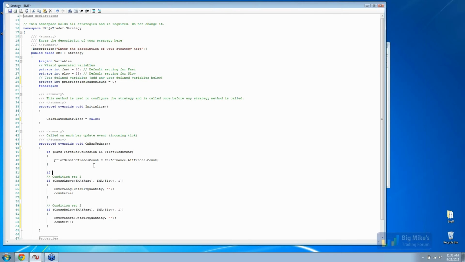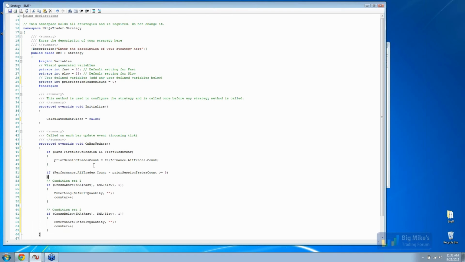I can go if performance.AllTrades.Count minus priorSessionTradesCount is, let's say, greater than or equal to 3, then I want to go ahead and do something. So I'm just going to push my trade logic down a little bit so we have room to work with.